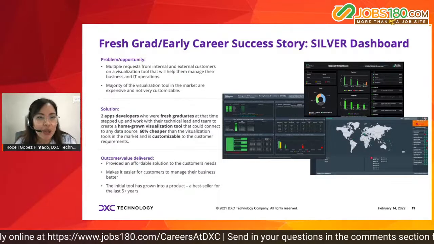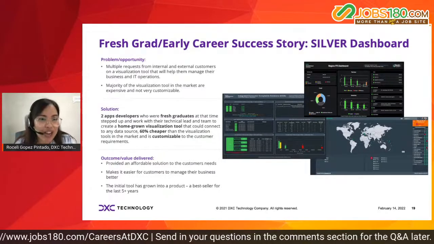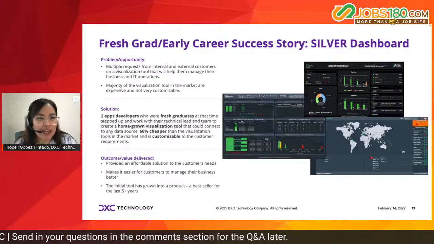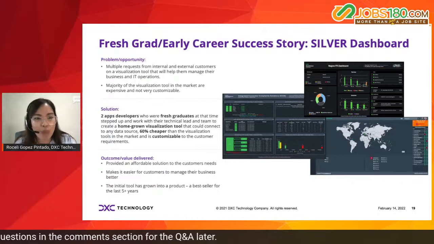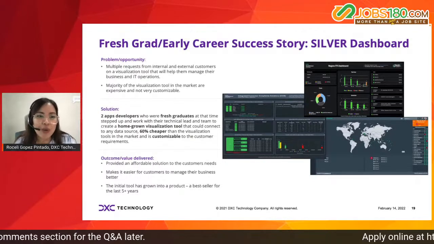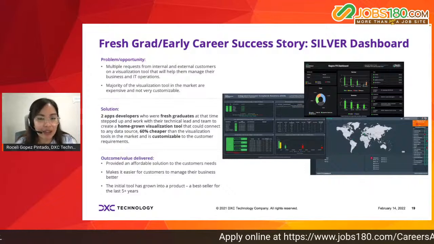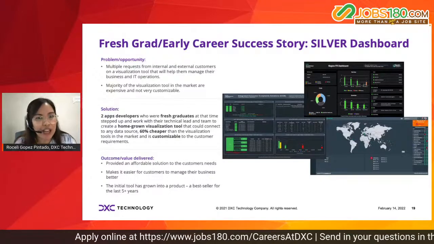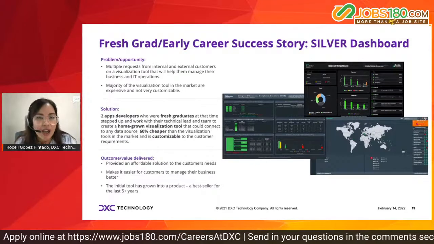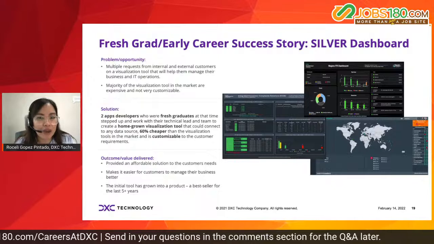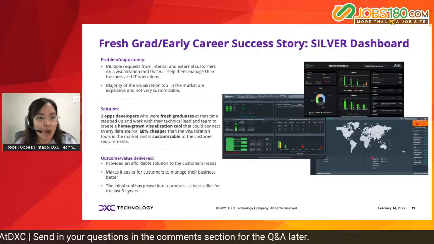Then two apps developers who were fresh graduates at that time really stepped up and worked with their technical lead and team to create a homegrown visualization tool. The tech lead of the team was thinking, maybe we can provide a dashboard, something customizable, but something that we are creating on our own, like homegrown.